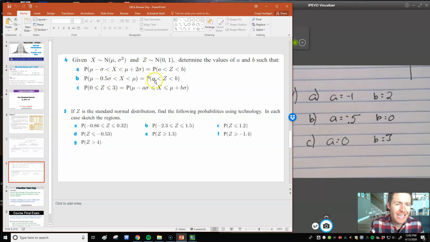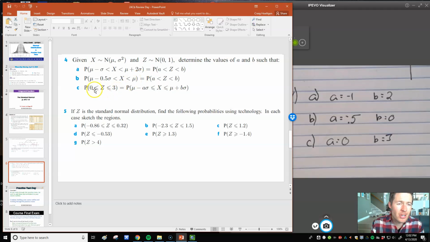So that means Z is -1/2. This one's saying X is right at the mean, so it's 0 standard deviations away. So 0 standard deviations away means Z is 0. So being between the mean and half a standard deviation below the mean is a Z-score of -0.5 and 0.